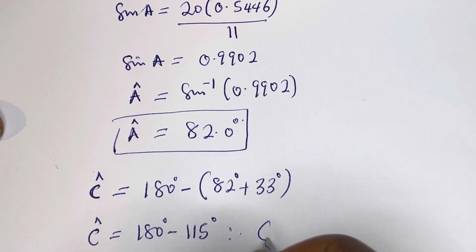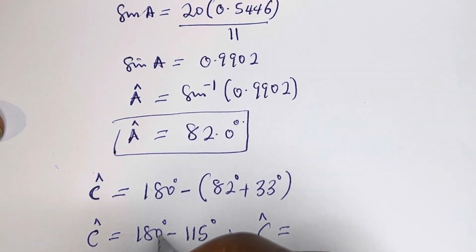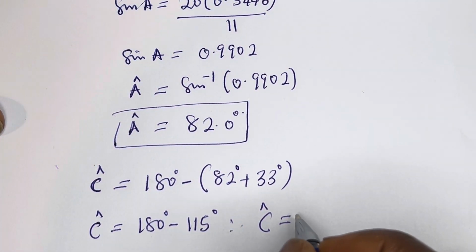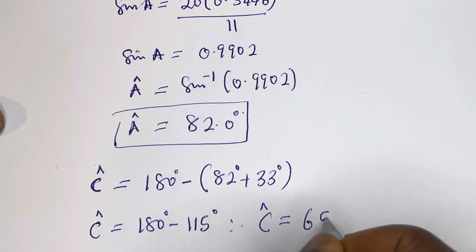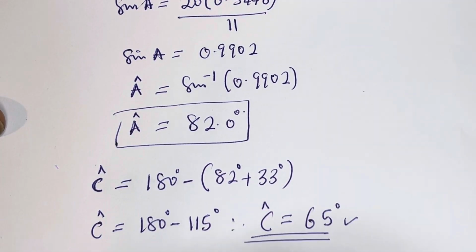Therefore, angle C will be equal to 180 minus 115, that is 65 degrees. This is the value of angle C.